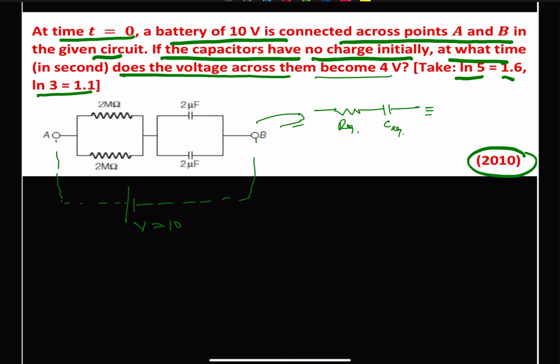And we know that the voltage across a capacitor which is charging through a resistor is given as V of t equal to V naught into (1 minus e to the power minus t upon RC). For the sake of simplicity, let us write them as R and C, much easier.